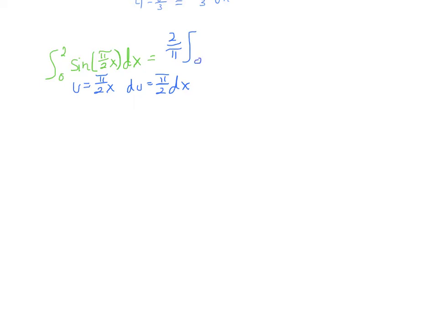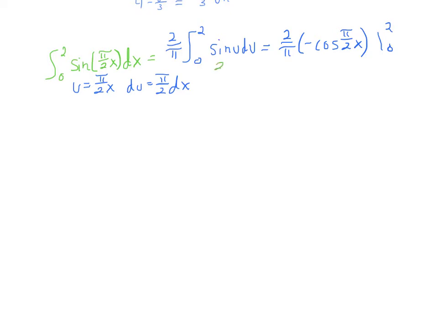And that is still from 0 to 2 sine u du. And the integral of the sine of u would be the negative cosine of u. So we have 2 over pi times the negative cosine of u, which is pi over 2x. And we want to evaluate that from 0 to 2.